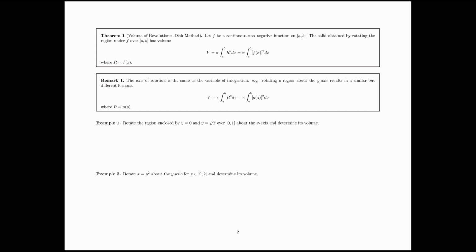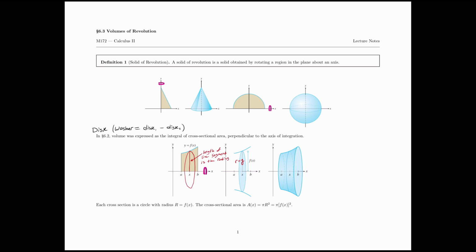It depends on exactly the geometry. So for instance, on the previous page, we were rotating about the x-axis. Not only were we rotating about the x-axis, but the area that we were rotating actually touched the x-axis. So the region that we were rotating touches our axis of rotation.